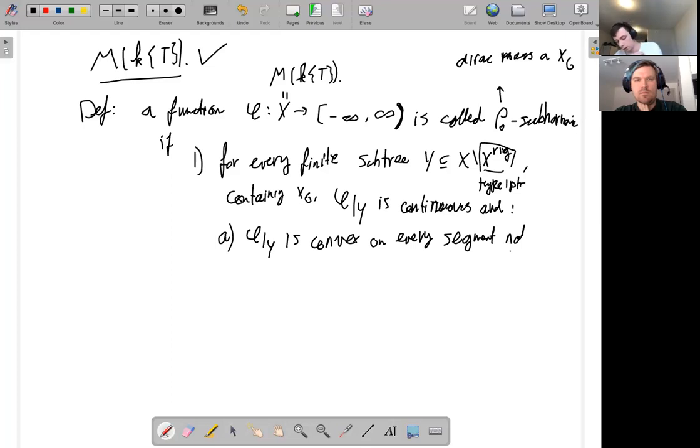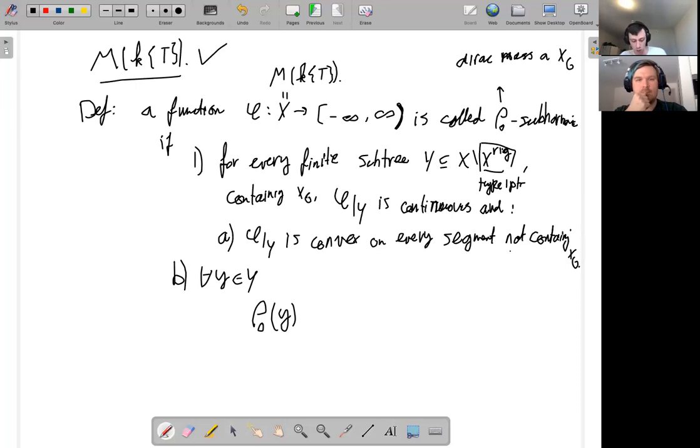Not containing the Gauss point. And B, and this is the important condition, well, the others are also important, but this is something. Right, so for every point in this subtree, we have the following relation. We evaluate this Dirac mass at the point.